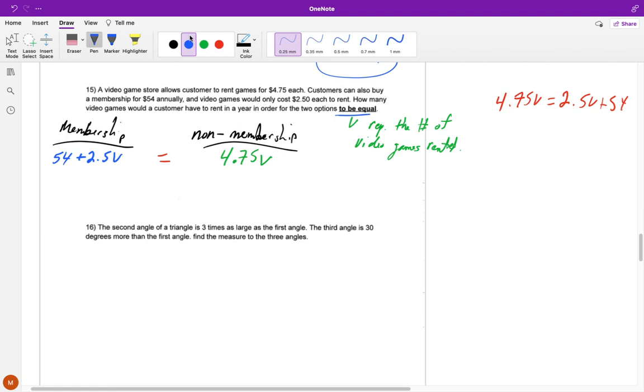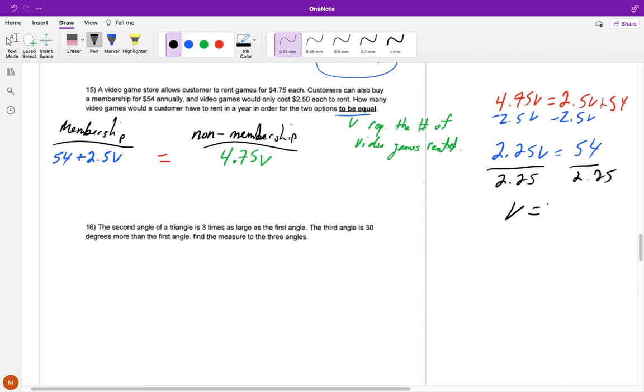And now we just need to go ahead and solve for that V. So we'll subtract 2.5V from both sides. So now we get 2.25V is equal to 54. And then we'll divide each side by that 2.25. And V is then equal to 24. So that means that you would have to rent 24 video games for those two options to be equal in value.